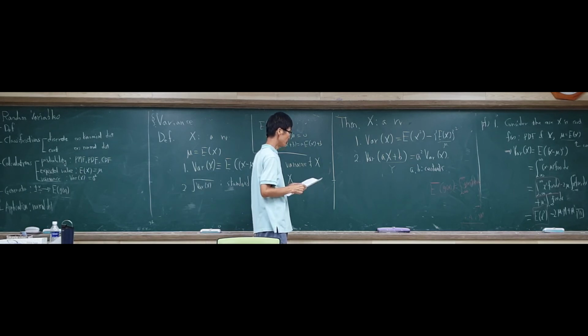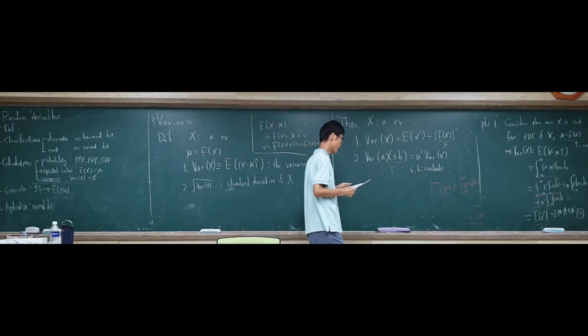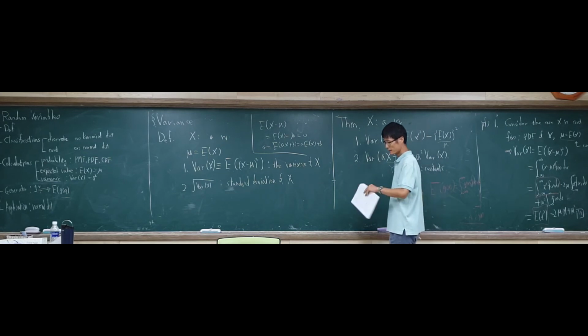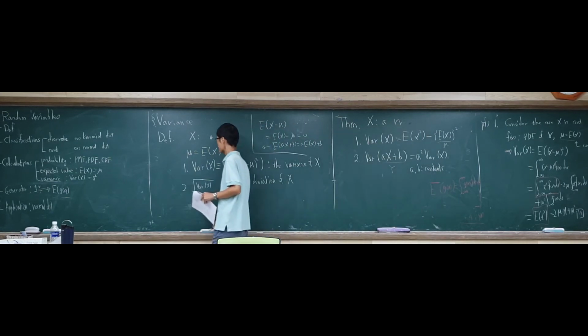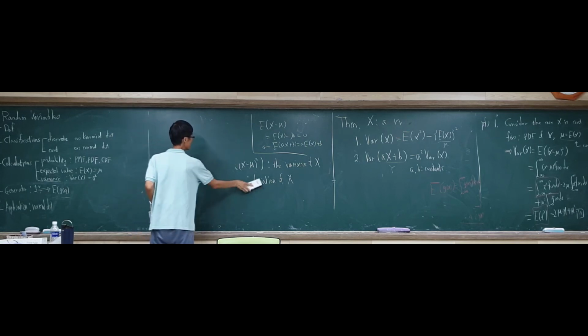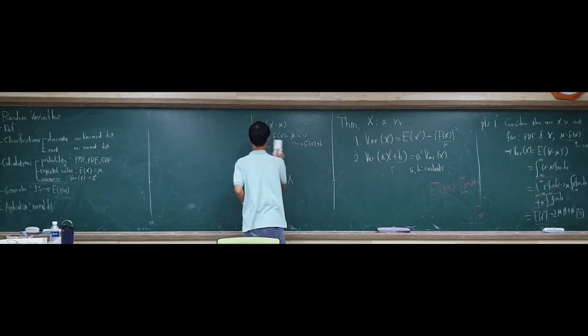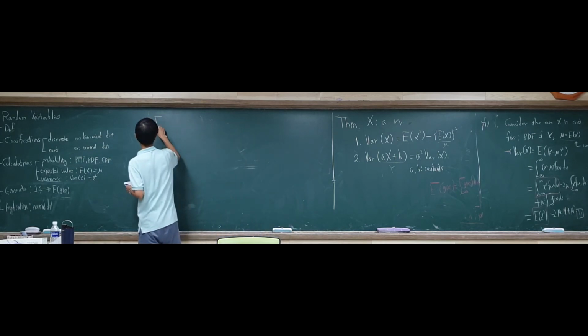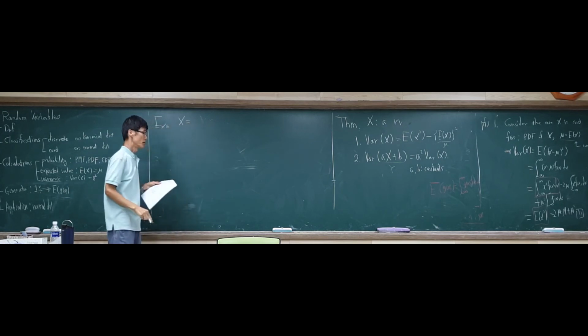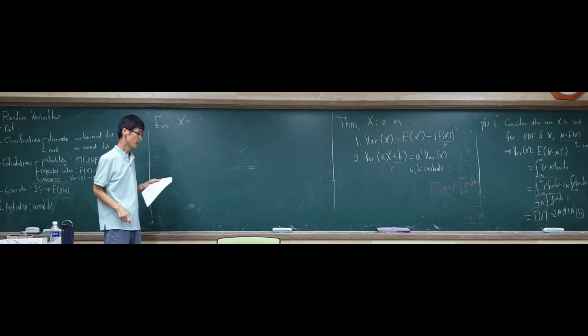Then let's consider how to calculate the variance for a discrete random variable as follows. X is the number that we can get when we roll a pair of dice.